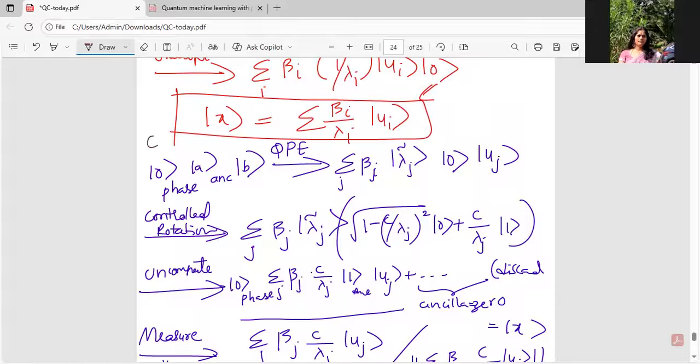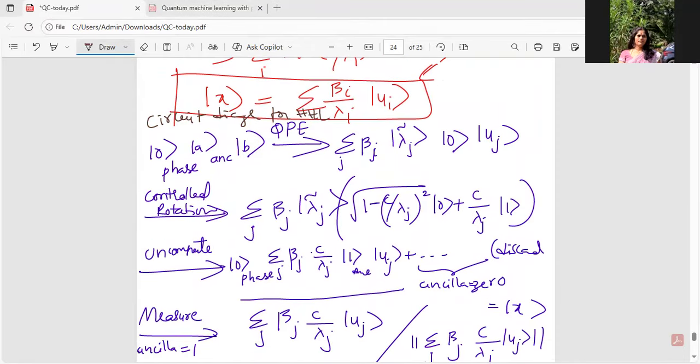That's why I have the circuit diagram for HHL. Of course, this is there in the notes, but understanding is difficult for you. I think this is it about HHL. You should understand. I stopped this video because it should not go on again.